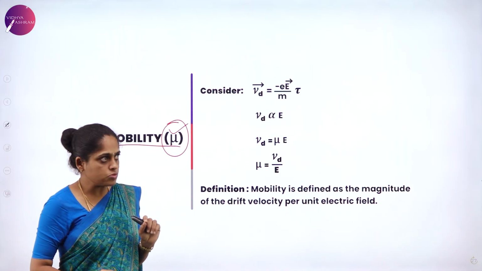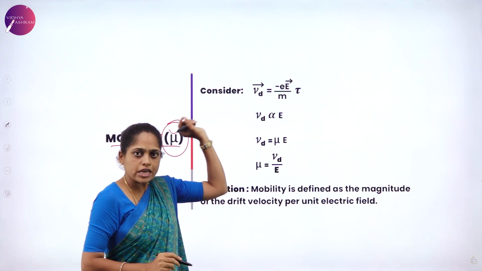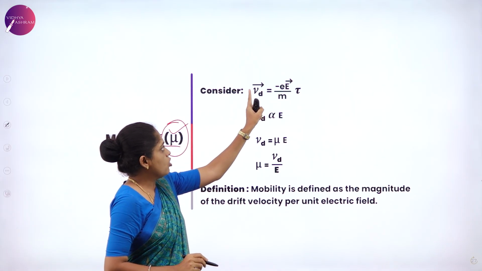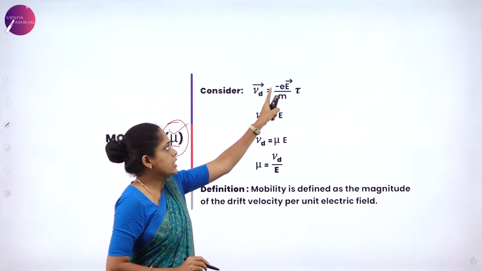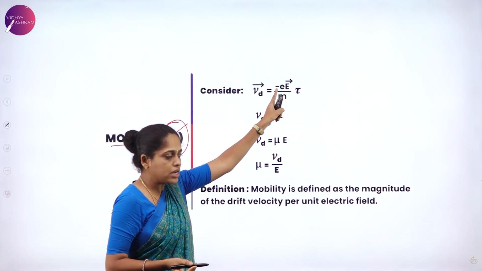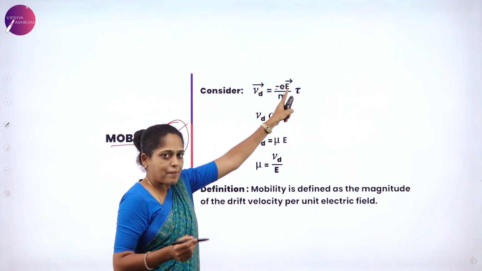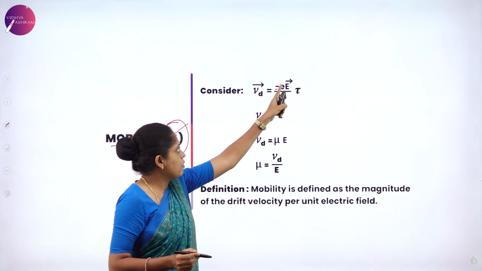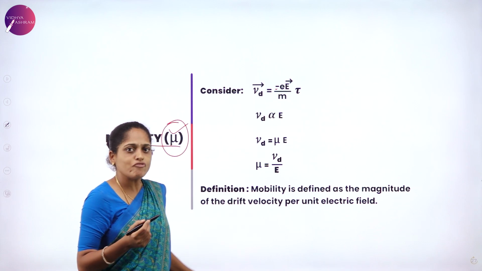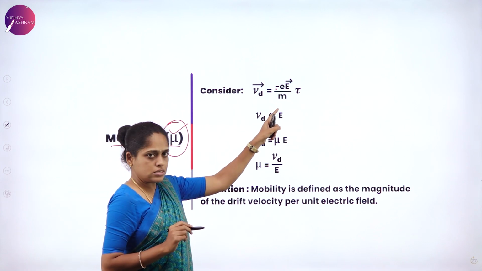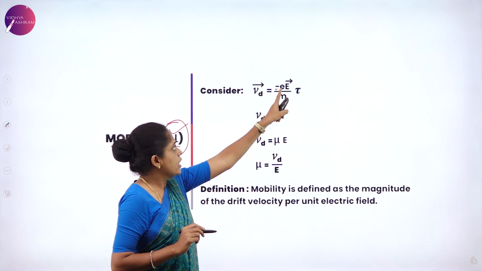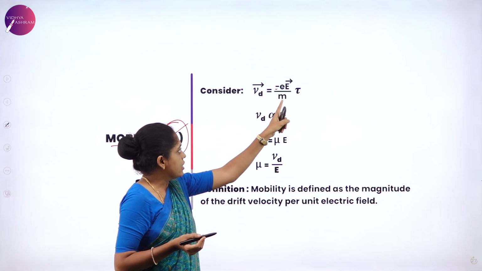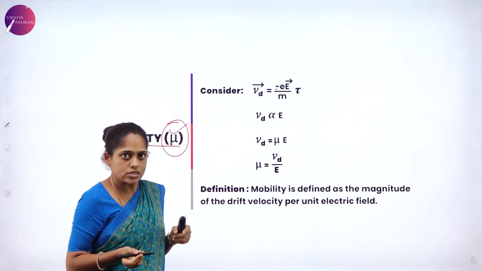To know what mobility is, let us consider the expression for the drift velocity. Drift velocity is equal to minus e, where e is the charge and E is the electric field, tau the relaxation time, divided by the mass of the electron. In this, e the charge, tau the time and the mass are constant.